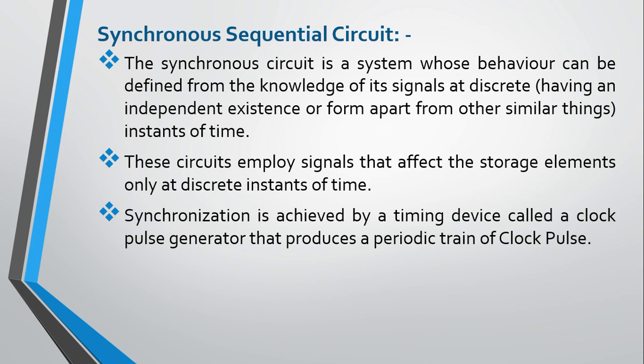So keep in mind that synchronization can only be achieved when you have a clock pulse generator, which produces a periodic train of clock pulses. So there are two types of sequential circuit: synchronous and asynchronous.